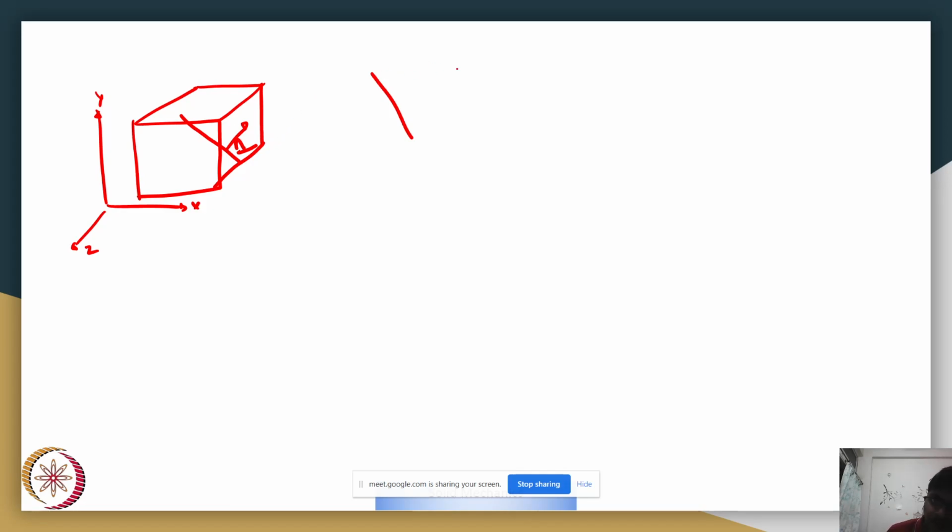But that normal is not perpendicular to any of the three principal planes. So e_x, e_y, and e_z, none of these is equal to n1, n2, n3. This is what you are asking, right? Yes, sir. Okay, so this is your point P.